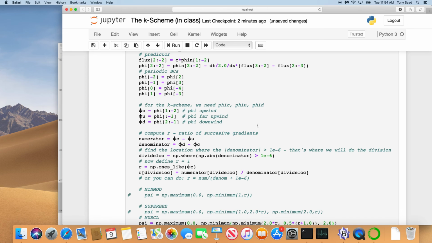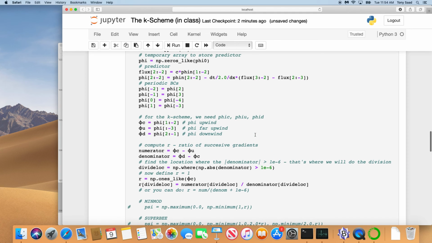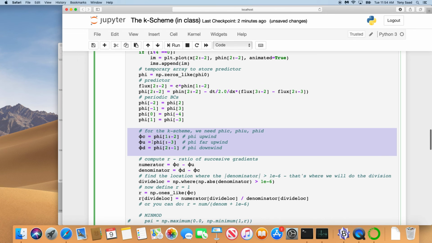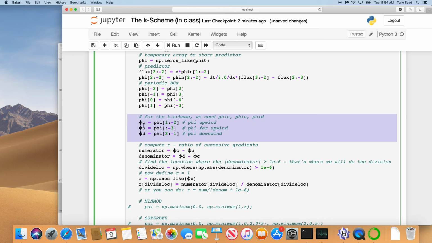Okay, if you want to do it vectorized, if you just have a constant velocity, all you have to do here is put an if statement. If C is positive, this is the upwind, downwind, and far upwind. Otherwise, you put the correct indices. Remember, we use this nomenclature to avoid i, ij, and i plus 1, i minus 1 indexing.